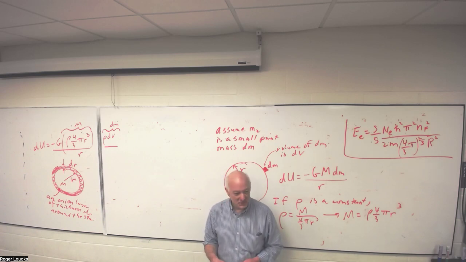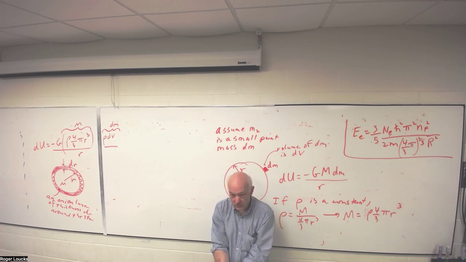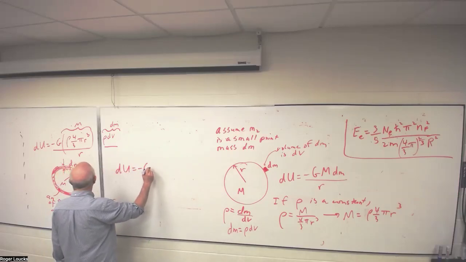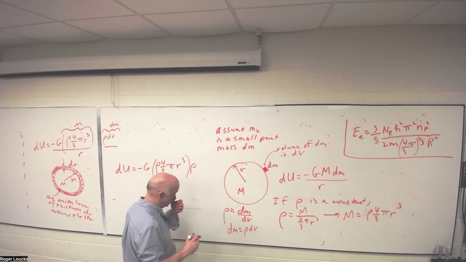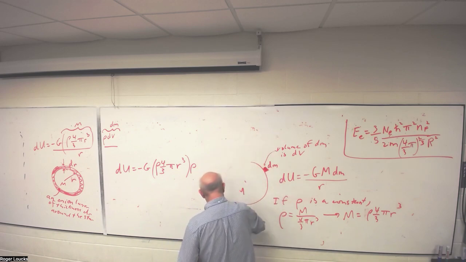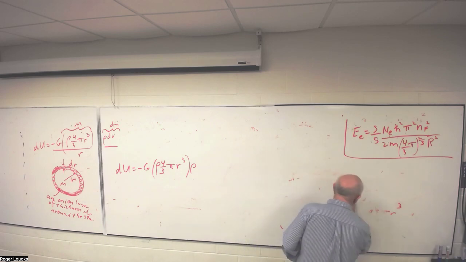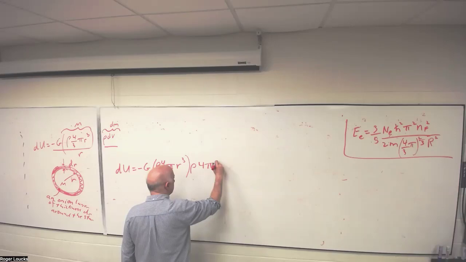And then what would that be? What's the volume of an onion layer? And what does that give us? The surface area of the sphere, 4 pi r squared times the thickness dr. So what happens here is that this gives us dU equals minus G rho 4/3 pi r cubed rho, times 4 pi r squared dr, all over r.